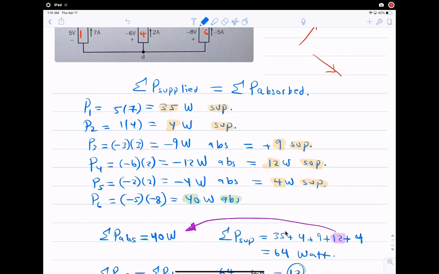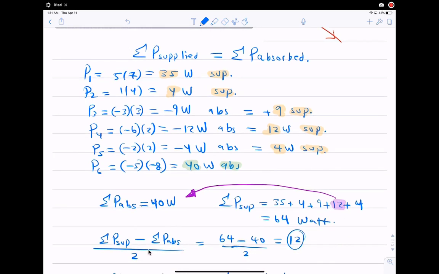So what I would do is move half of the difference. If I move half of the difference, the 24, half of it is 12. This is the formula: the total power supplied minus the total power absorbed, over 2, equals 12.